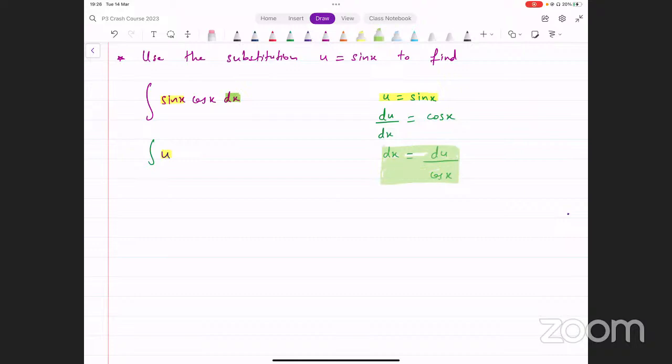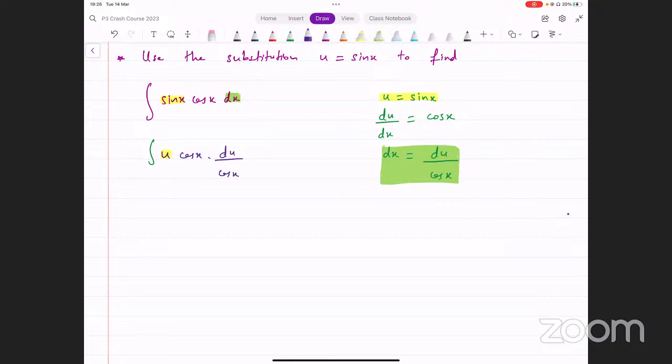Once we are done with these two things, then we'll think about if there's any x that is still left, we can see what to do with that after that. But let's just input these two things first of all. Use the substitution that's given, that's one thing, and find dx and see what you have to replace dx with. In this case, you have to replace dx with du over cos x. Let's do that. You have cos x here as it is. Dx has to be replaced with du over cos x.